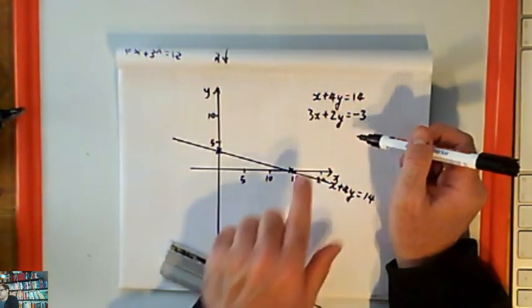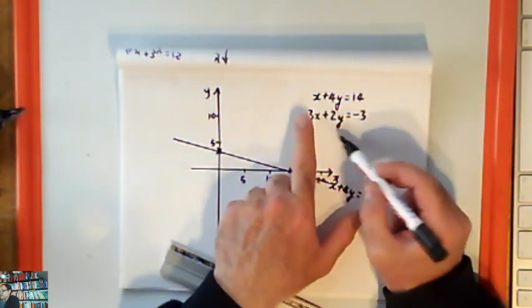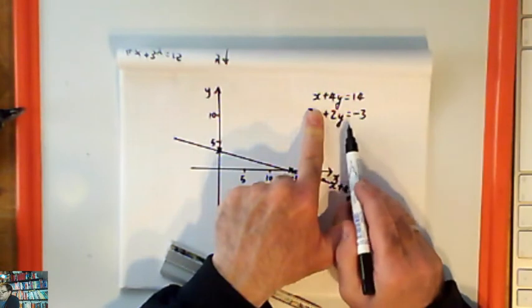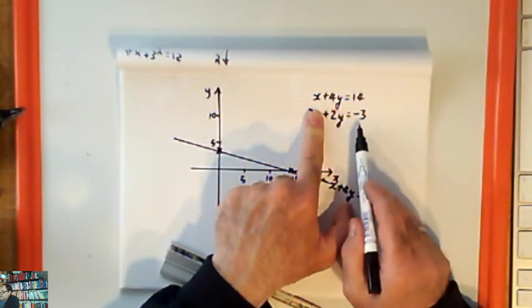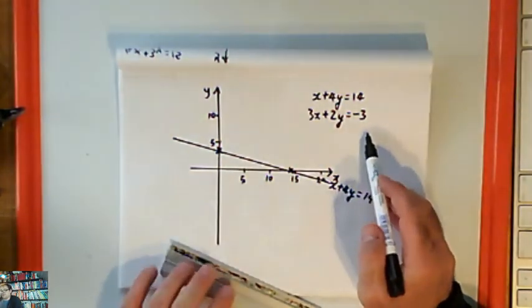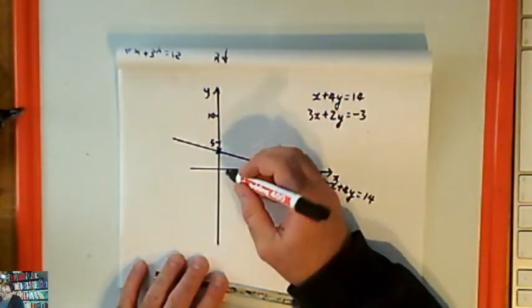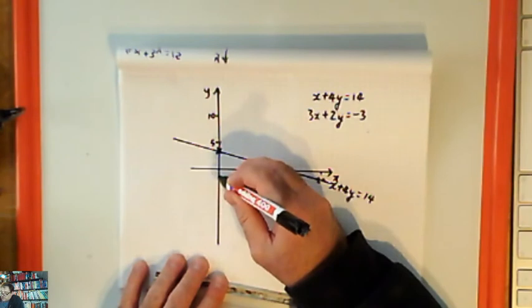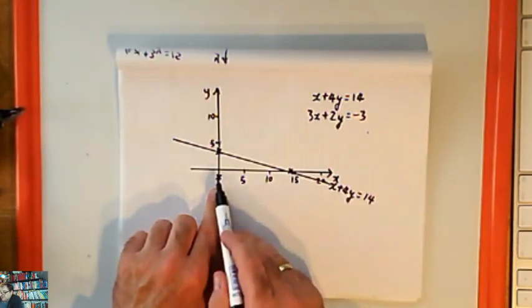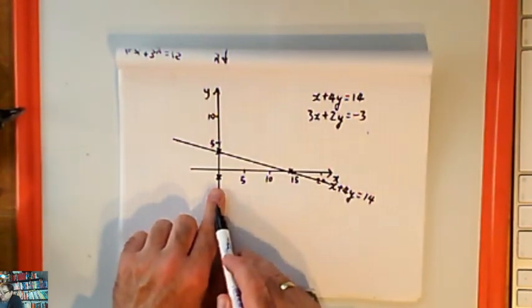So I'm going to think about what would happen if x was 0. If x was 0, that bit would disappear and we'd just have 2y equals minus 3. So y would have to be minus 1.5 to make that balance. So when x is 0, y has to be minus 1.5, which gives us a point down there at 0, minus 1.5.